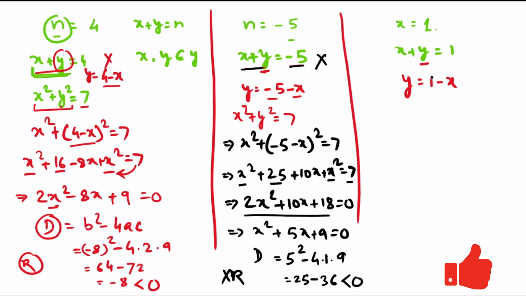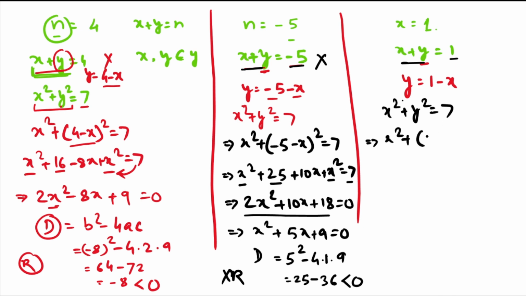Now we'll take x plus y equal to 1. Here the value of y will be 1 minus x, and our expression is x square plus y square equal to 7. So it is x square plus 1 minus x, squared, equal to 7.